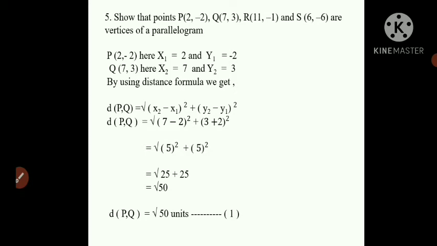Now after PQ, we'll take next QR. Q is (7, 3) and R is (11, -1). By using the distance formula, x2 is 11 minus x1 is 7 the whole square, plus y2 is -1 minus y1 is 3.